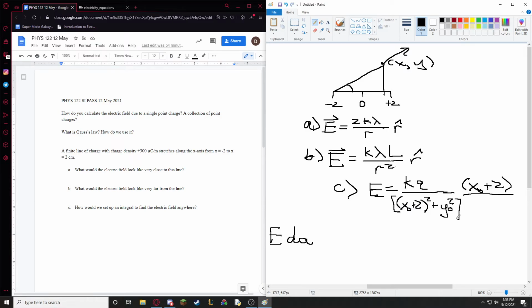So I'm just going to throw the X naught plus 2 up here and go ahead and raise this to the 3/2. Boom. That's our X component. And now, what about our Y component? What's our Y component going to look like?